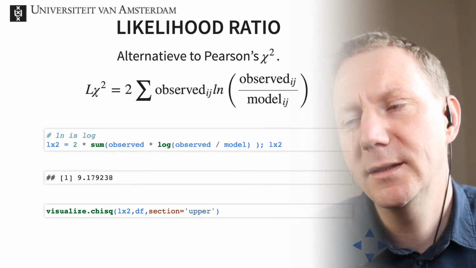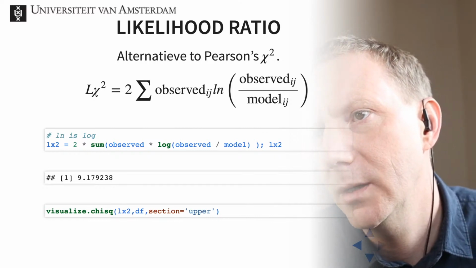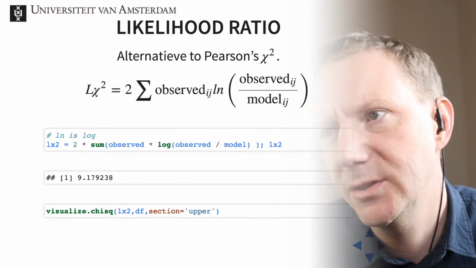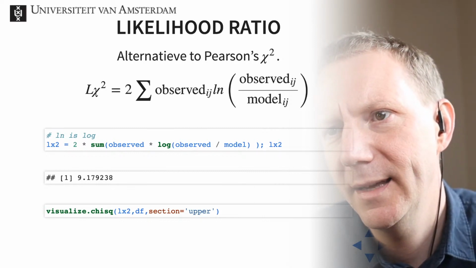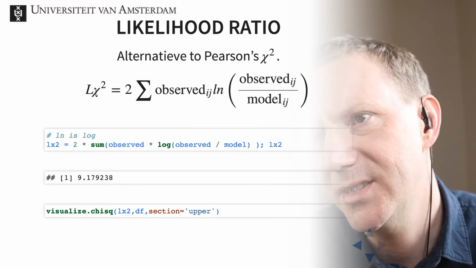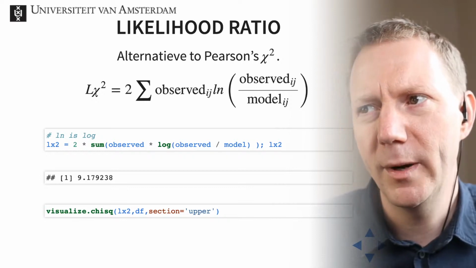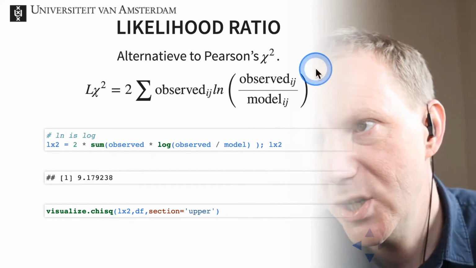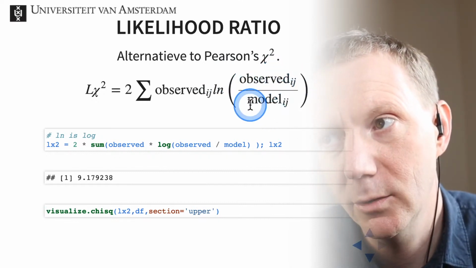There's also, and this is just for your knowledge, an alternative to the Pearson's chi-square test, which is the likelihood ratio, and in essence, it states the same thing on your data, where you create a ratio of the observed values and your model.